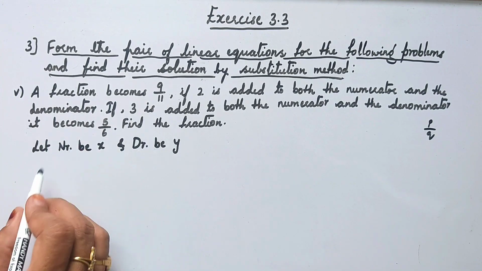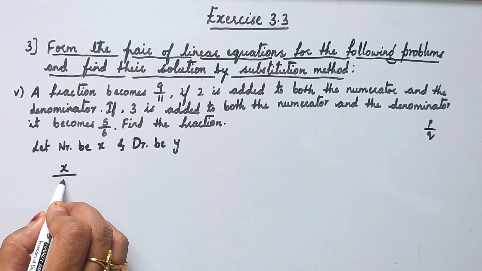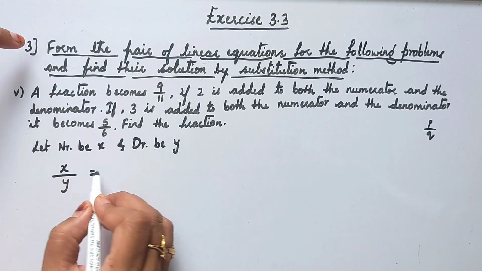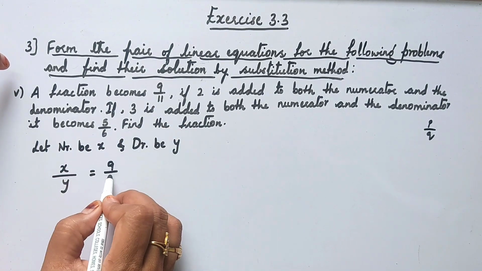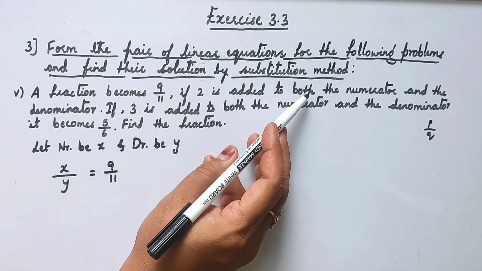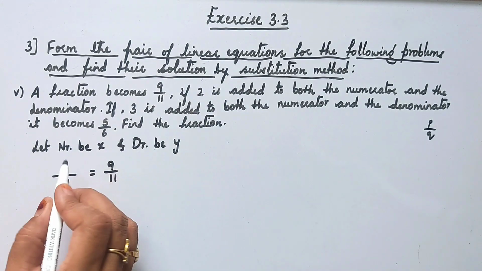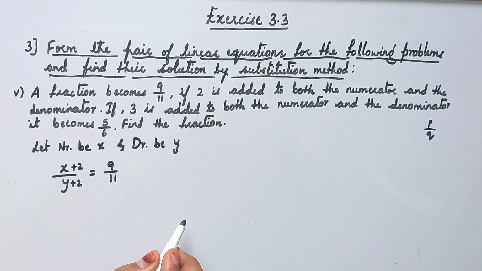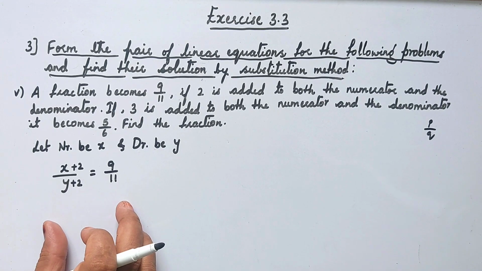Okay. Now I'm going to write x by y. So the fraction becomes equal to 9 by 11 if 2 is added to both numerator and denominator. I'm going to add 2 for both numerator and denominator. Okay, so this will be equation 1.